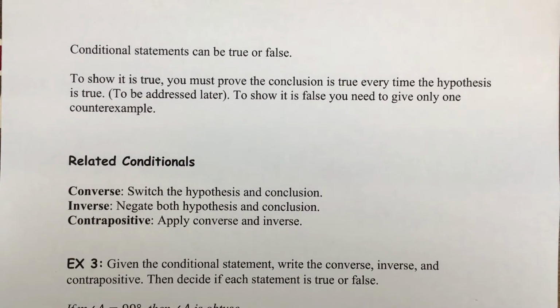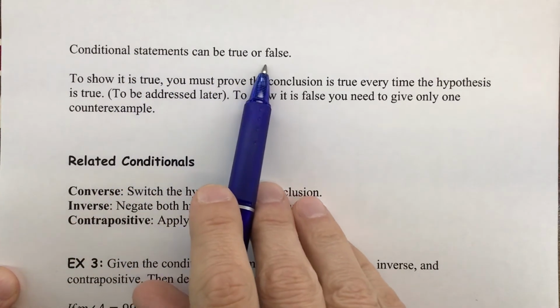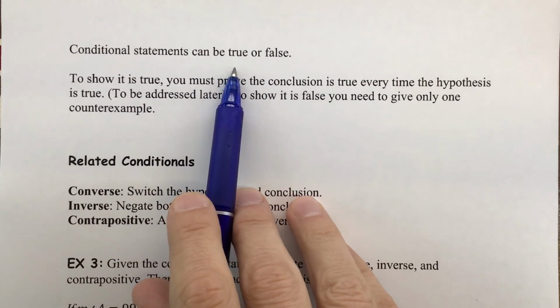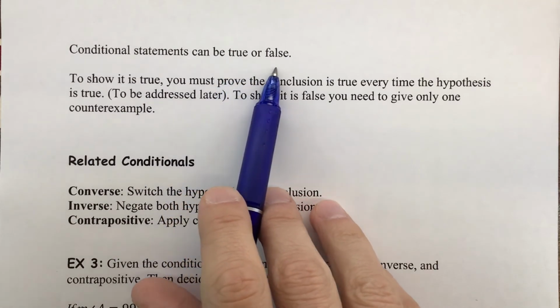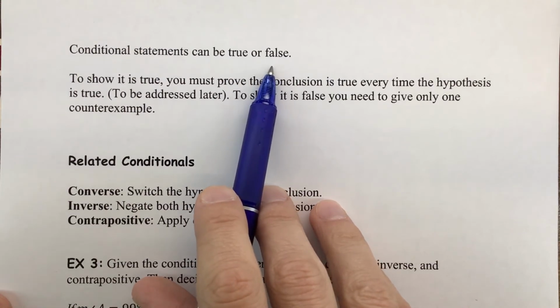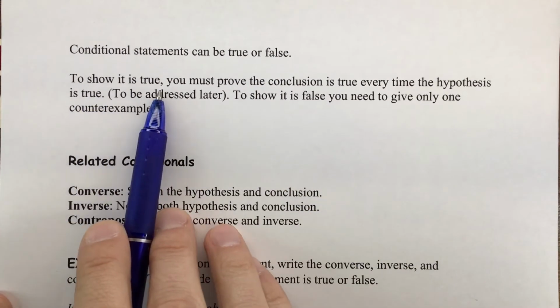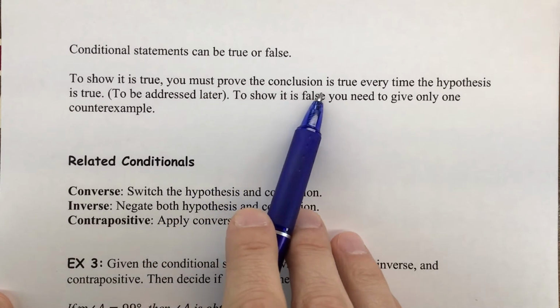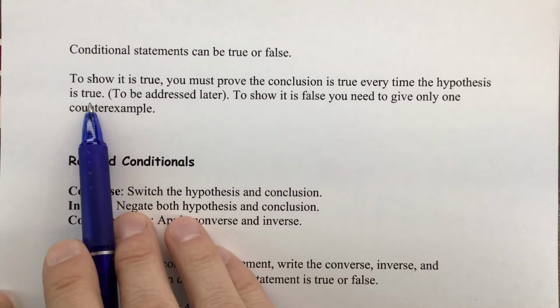At the conclusion of example number 1, I was talking about how if we flip the statements around, they can either be true or they can be false. So conditional statements can be true or they can be false. Obviously, we want conditional statements that are true, but sometimes things end up being false and we need to be able to identify when they turn out to be false. To show that it is true, you have to prove that the conclusion is true every time the hypothesis is true.